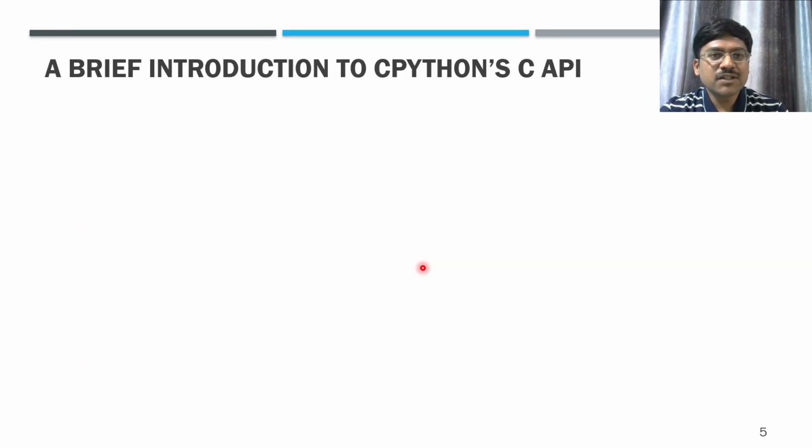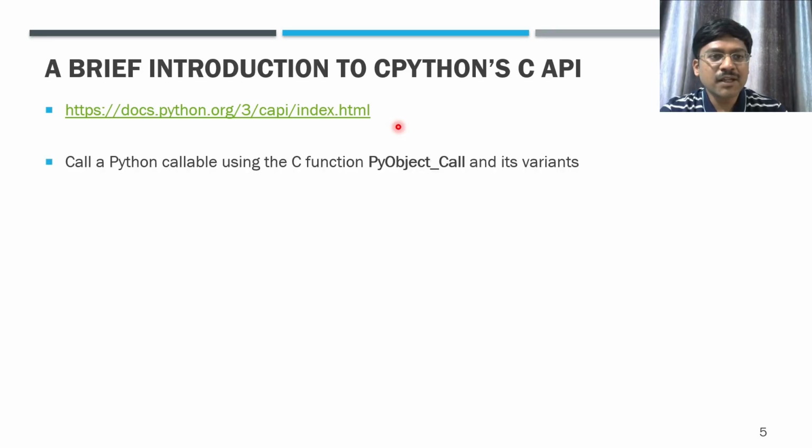So a brief introduction to the CPython C API. Well, it's given in depth here. So if you are interested in this line of work or want to embed Python in your application, then you can check this out. For our purposes, the main C function we are concerned about is PyObject_Call. So PyObject_Call can be used to call any Python callable.